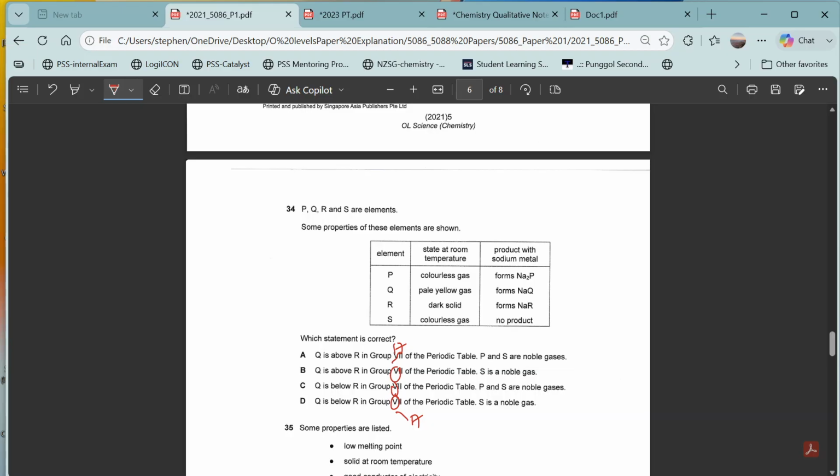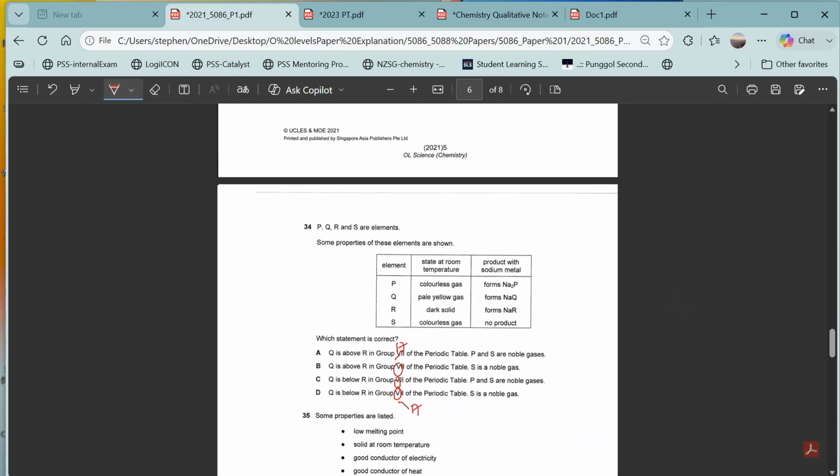According to what you have learned for group 17, which one has darker color? Fluorine, chlorine, bromine, and iodine, right? Look at your notes. This one should be darker in color, right? Yeah.